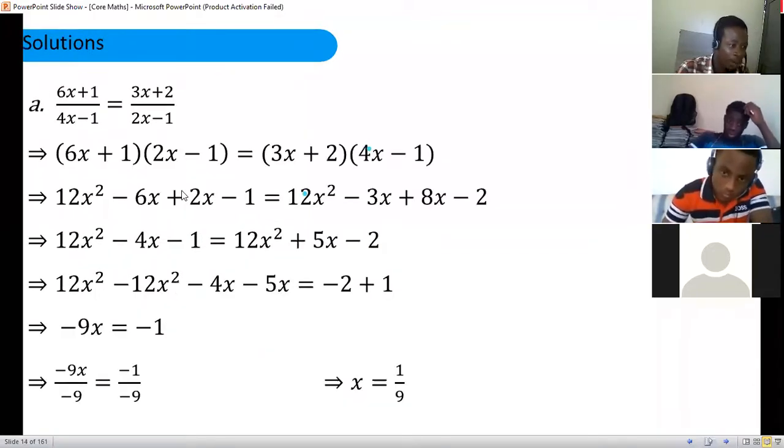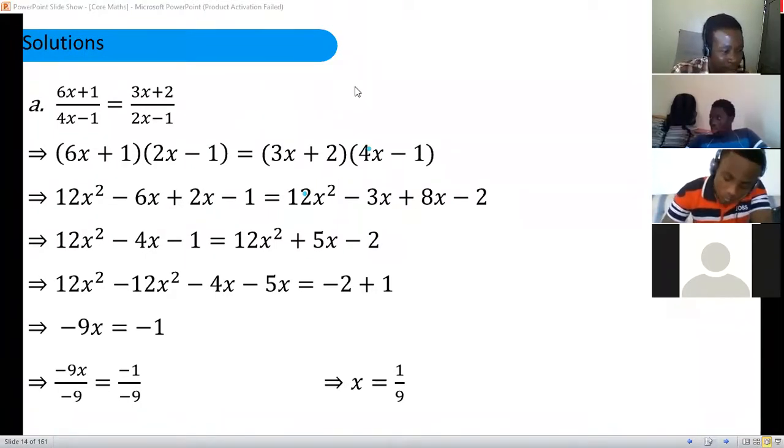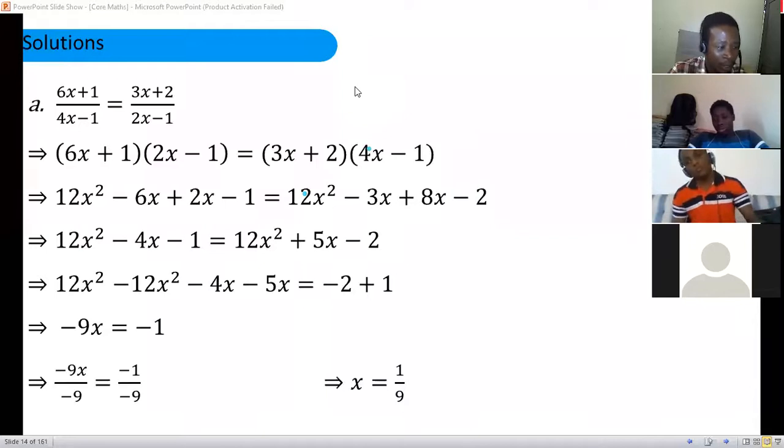Let's look at how we go about this. For this particular example, we could see that the terms at both sides of the equation are just binomial. Are we okay with that? If anyone is having problem, the terms are monomial, not binomial. The terms at the left hand side and right hand side are all monomial.